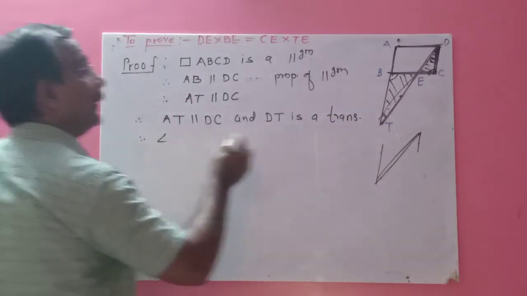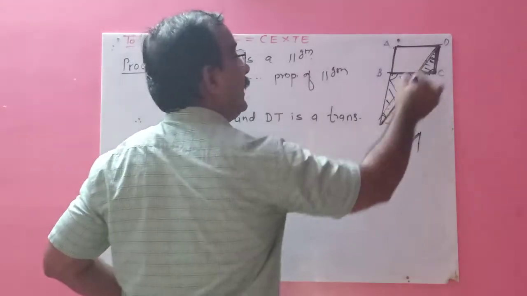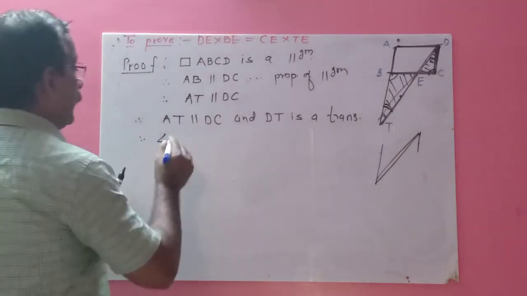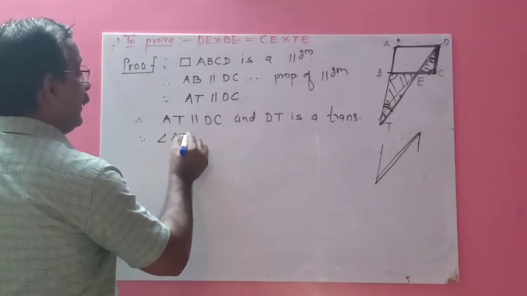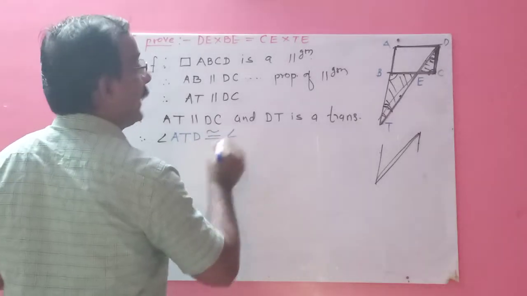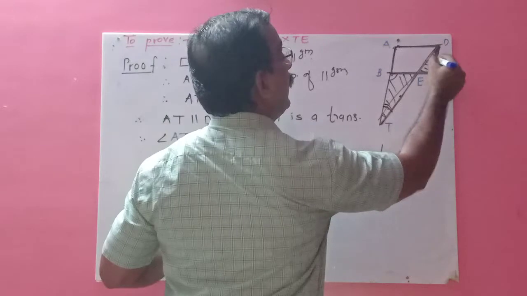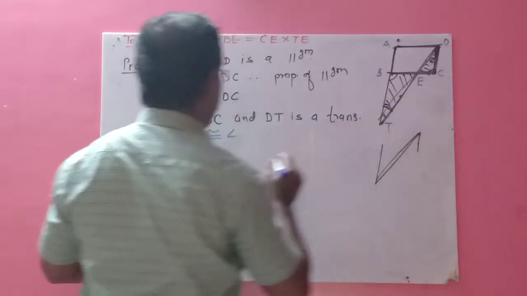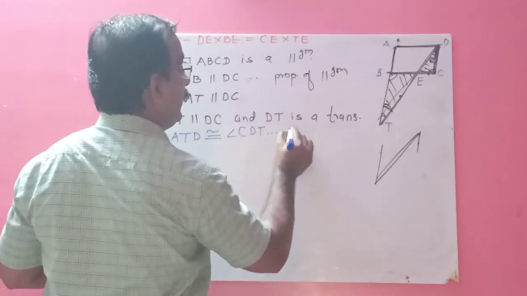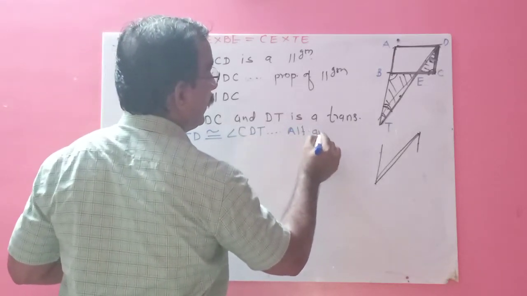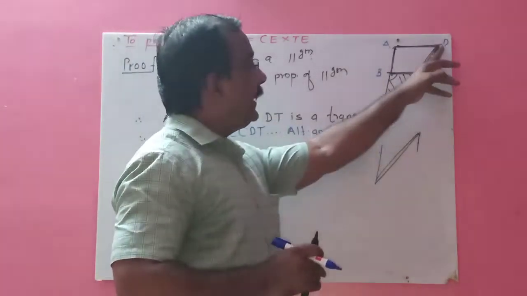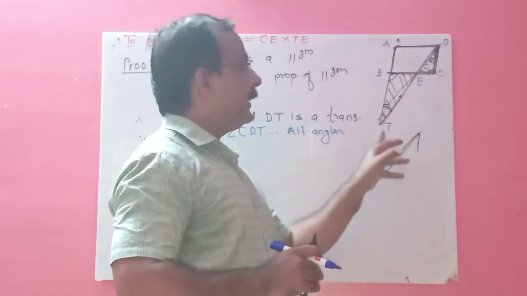Therefore, angle ATD, this angle, this one, angle ATD is congruent to angle CDT, this one, reason alternate angles. ATD is congruent to CDT.